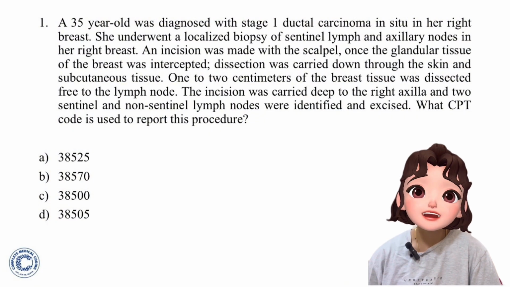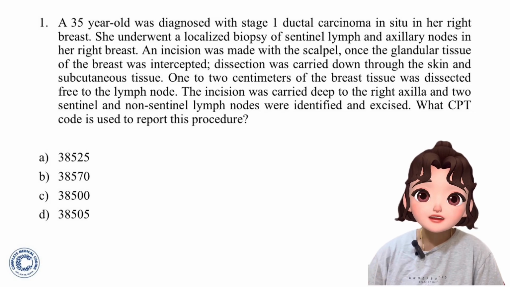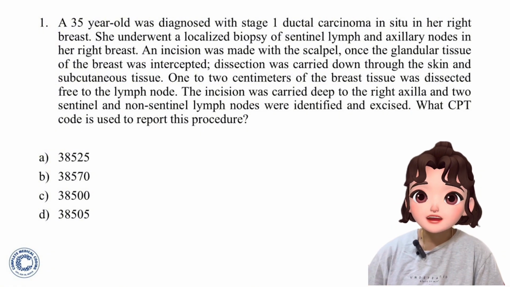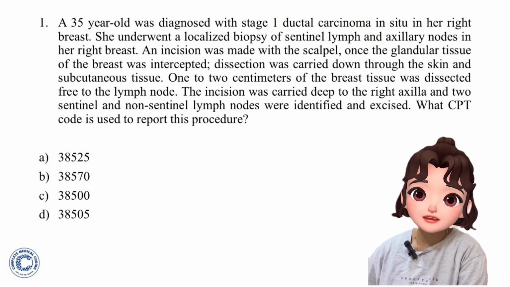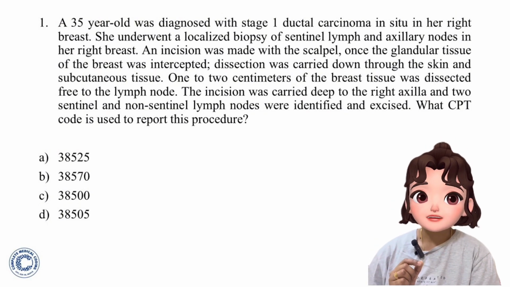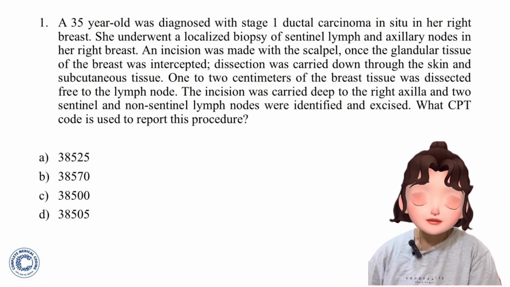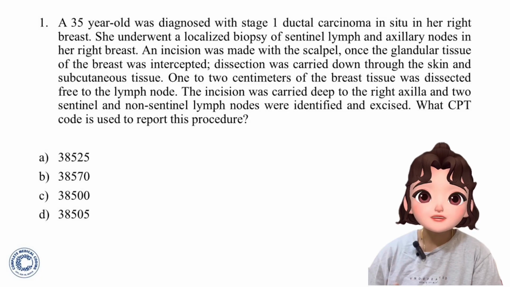So, incision was made and then excision was carried out. Here the procedure carried out is excision, and see the second sentence in the question: she underwent a localized biopsy. So, not incision, here you have to code for the biopsy. She underwent a localized biopsy with excision. That is what you need to find out, and in that, the incision that they made was deep.